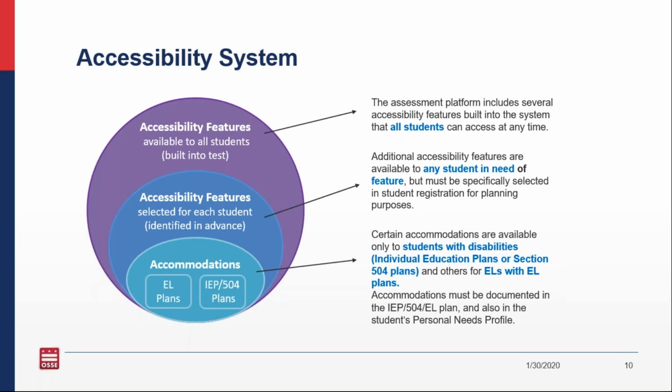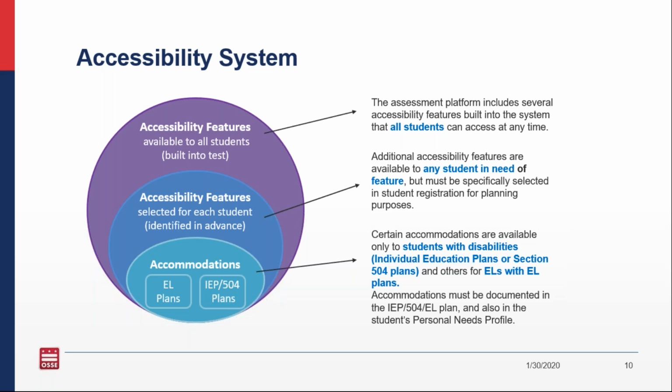And then our smaller circle is our accommodations for students with IEPs, 504 plans, or EL plans. So going back to the accessibility features, the outer circle, this assessment platform includes several accessibility features built into the system that all students can access at any time. Again, that's the most important distinction for accessibility features: it is for all students. And we will dive into the next slide on examples of each of these.